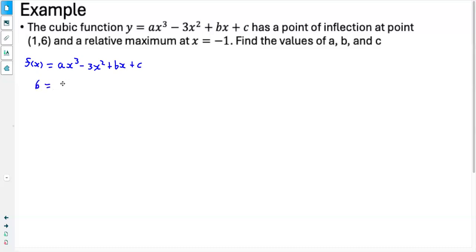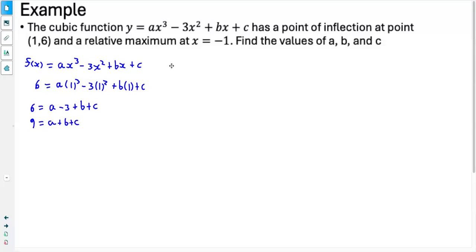So we know 6 is equal to a times 1 cubed minus 3 times 1 squared plus b times 1 plus c. So this simplifies down to 6 is equal to a minus 3 plus b plus c. Moving the 3 to our side, we've got 9 is equal to a plus b plus c.